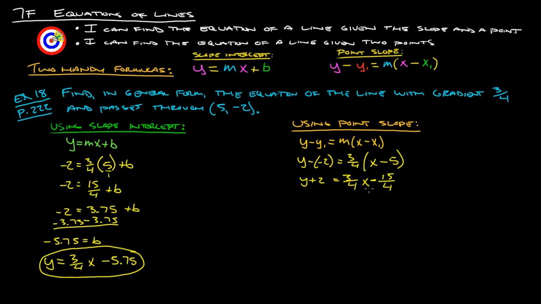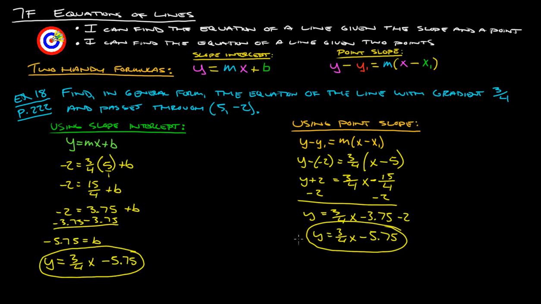And then really our last bit is just to move the 2 over, so we subtract 2 from both sides, and we get y equals 3/4 x, and then again we can turn that -15/4 into -3.75, and then when we subtract the 2 from that, we just get y equals 3/4 x minus 5.75.